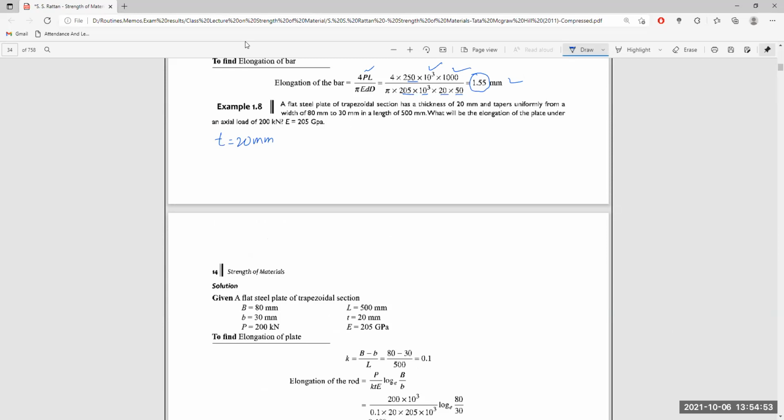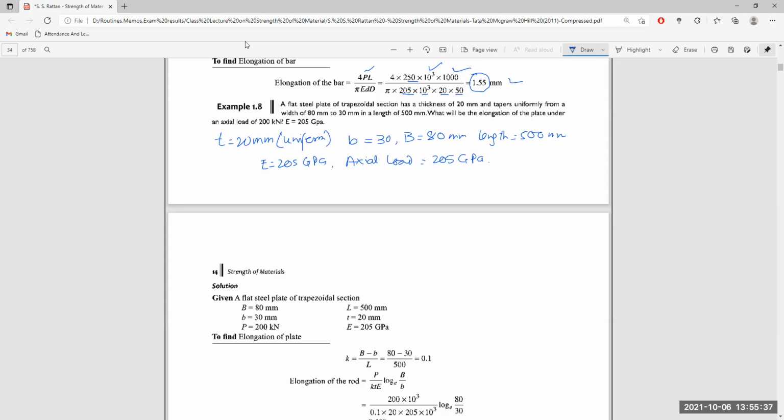The initial width, that is small b, is equal to 30 millimeter, and the biggest section, capital B, is equal to 80 millimeter. Length is equal to 500 millimeter, E is given as 205 GPa, and the axial load is given.